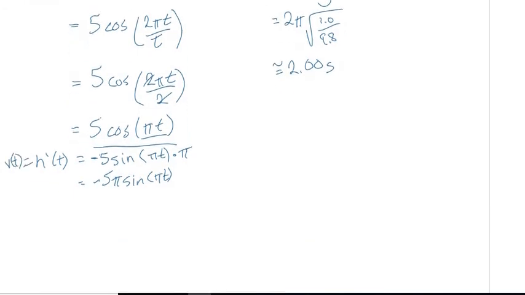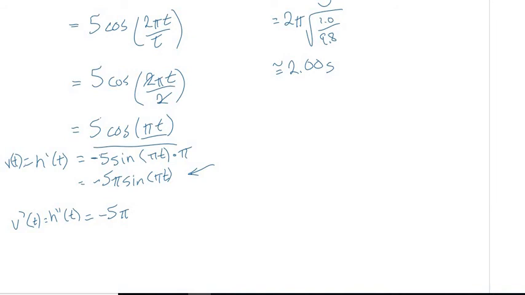So now we said that to find the maximum speed, we have to take the derivative of the velocity function and set it equal to 0. So we're going to take the derivative of that function, which we could also call the second derivative of h of t. Same basic thing. We're saying the same thing. So let's take the derivative of that function here. The constant multiple is negative 5 pi, so that stays the same.